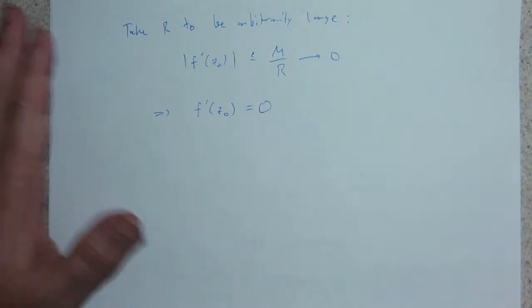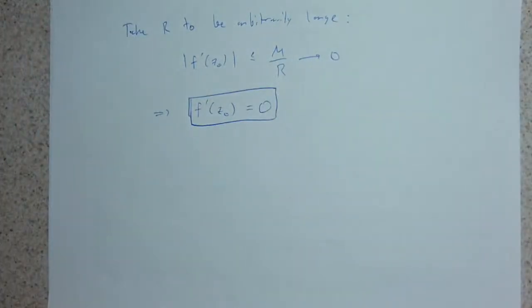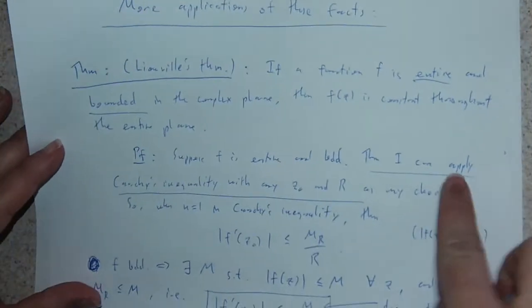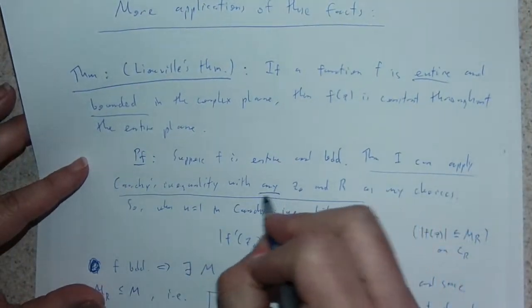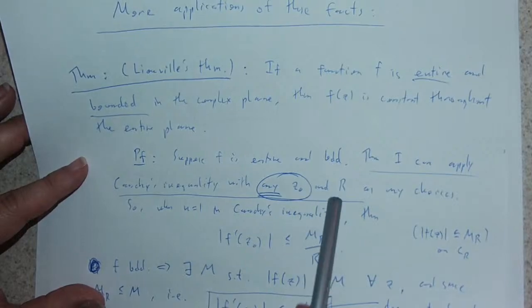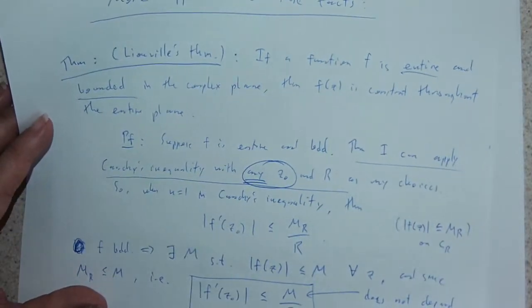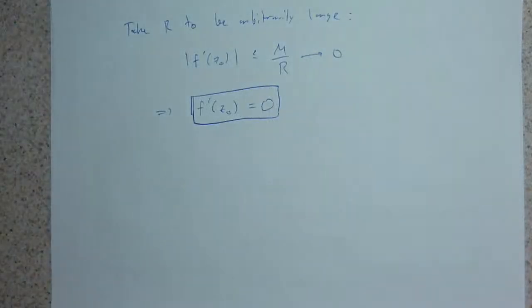Okay. But, as I said at the beginning of this proof, I can apply Cauchy's inequality with any z0. So I use the fact that I could apply this with any r to say that I can pick r as big as I want to, which means that this thing has to go to 0. So then I get that f prime of z0 is equal to 0.